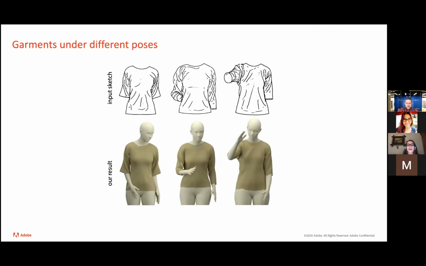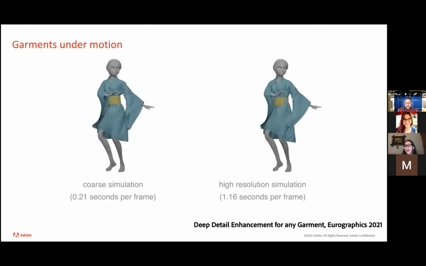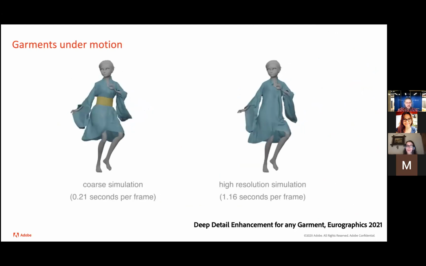So we did some initial experiments in the paper, but looking at how garments deform with body motion itself is a big problem on its own. So we have been recently looking into this problem, how to learn to simulate garments with different body motions.